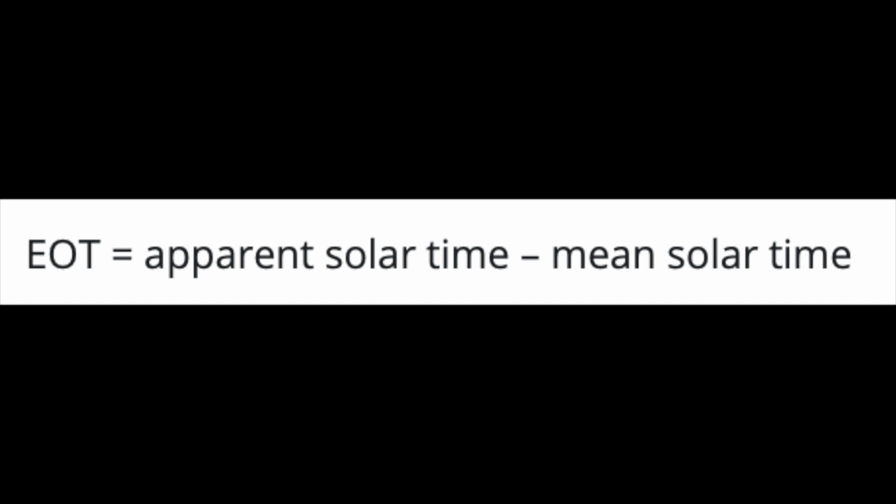So using arithmetic, if a sundial reads 10:45 on a particular day of the year and the EOT for that date is minus 5 minutes, then the mean solar time is 10:50, because obviously subtracting a negative is like adding, isn't it?